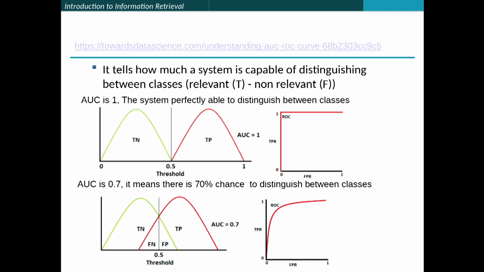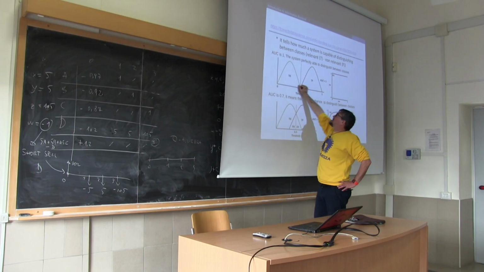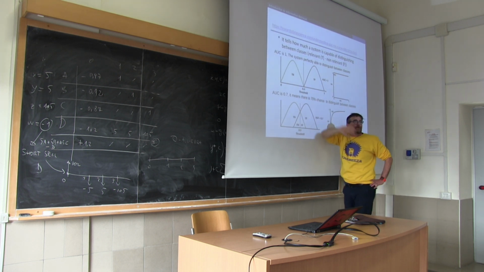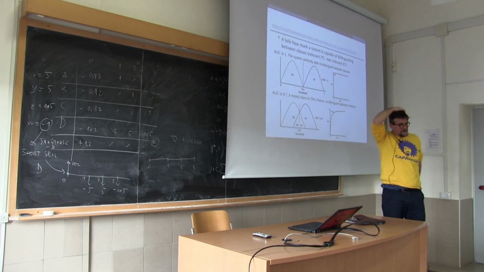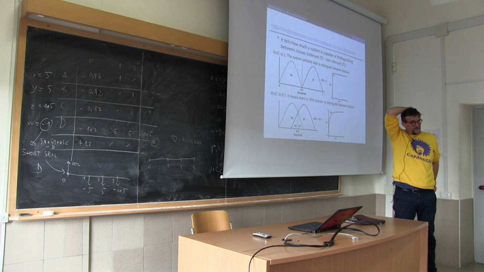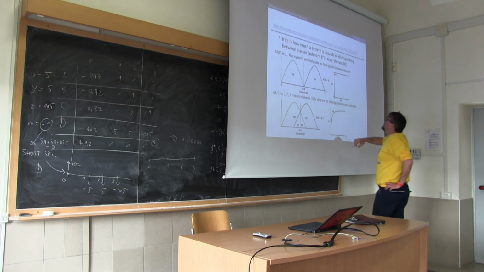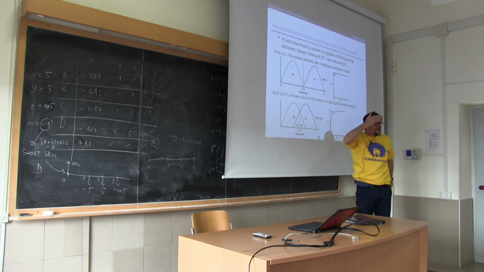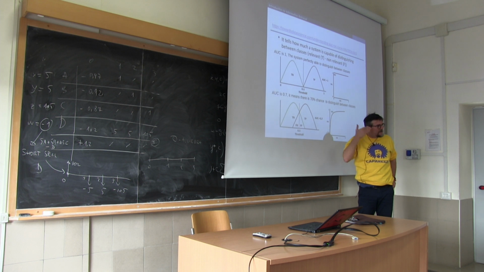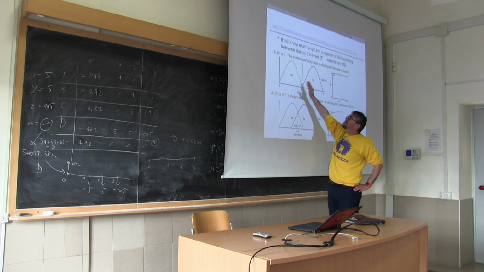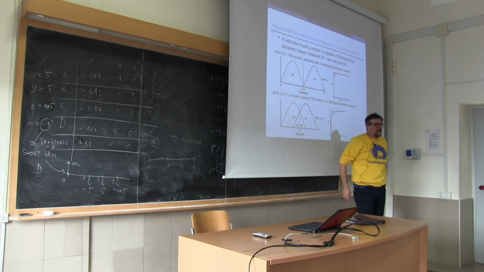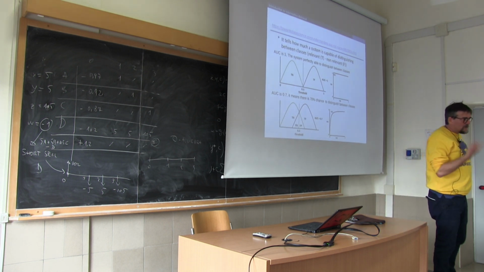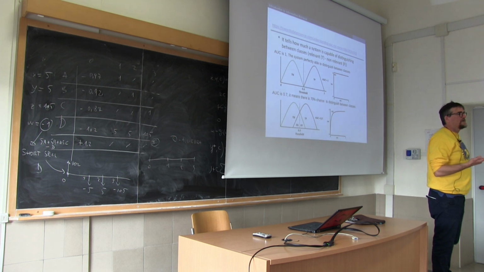And basically it tells how much the system is capable of distinguishing between the two classes. And the two classes, in this case, we are back to the case in which we have relevant and not relevant documents. Okay, let's see those examples. If this is the distribution of true negative, and this is the distribution of true positive, basically those two classes are completely distinguished. And so I have a ROC equal to 1. Namely, the system can exactly distinguish between true positive and true negative.